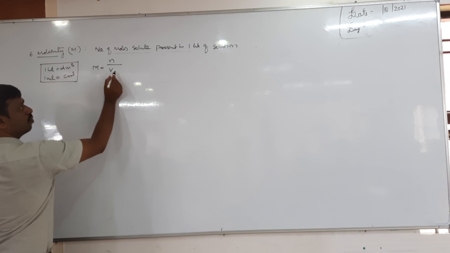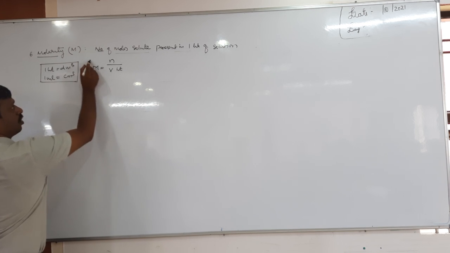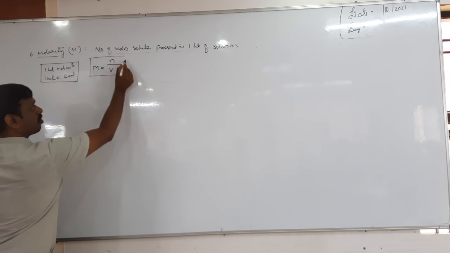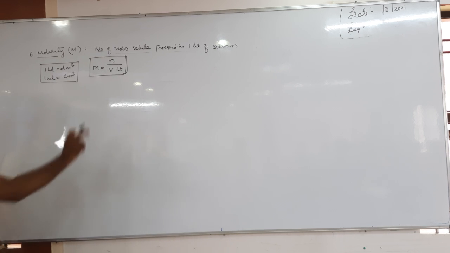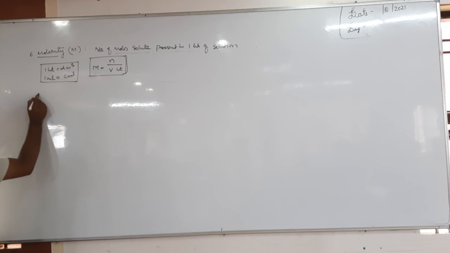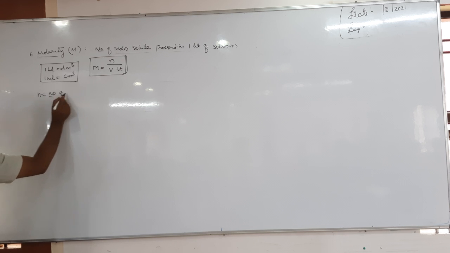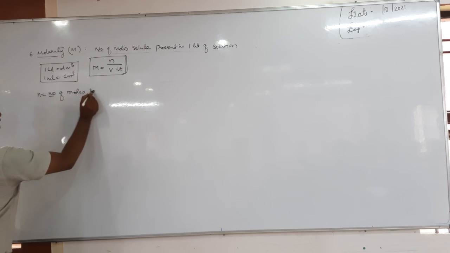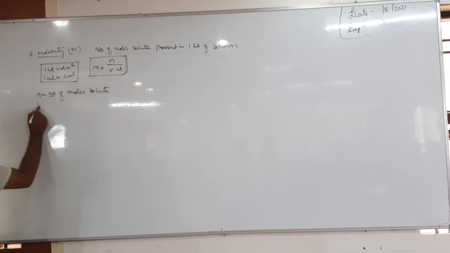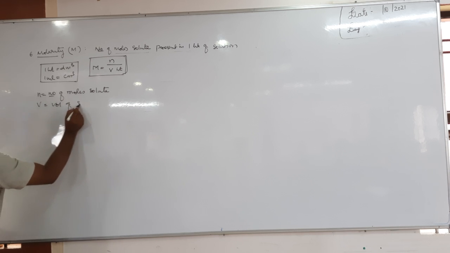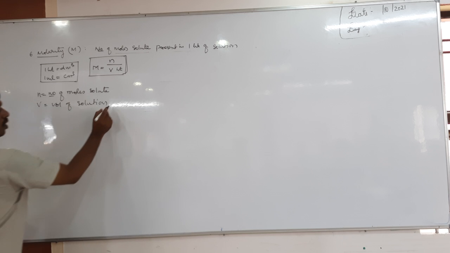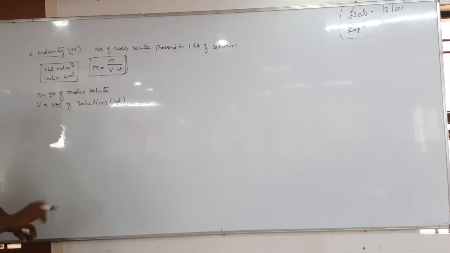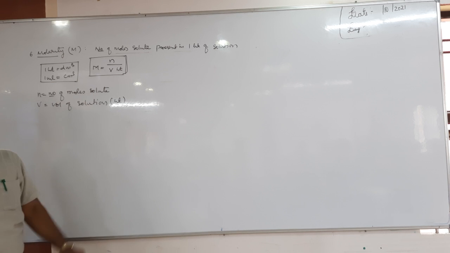So molarity equals number of moles of solute divided by volume in liter, N by V, where N is number of moles of solute only, and V is volume of the solution in liter. Therefore, molarity M equals N by V.